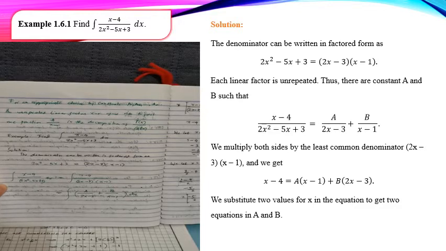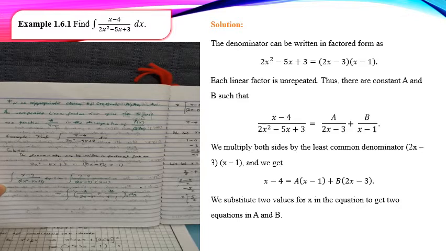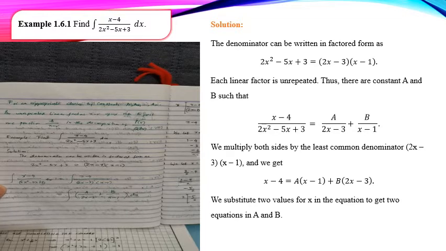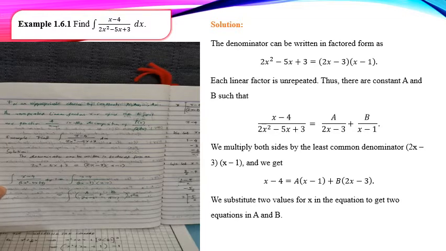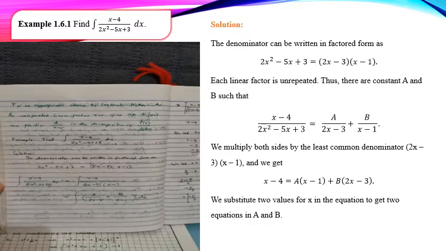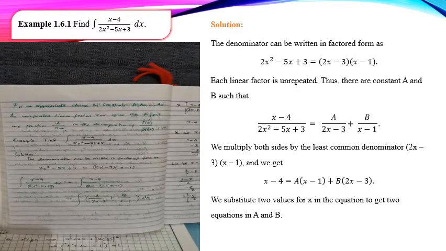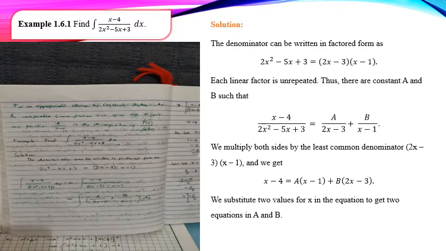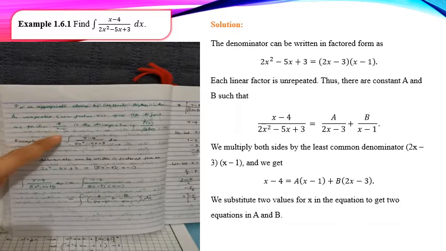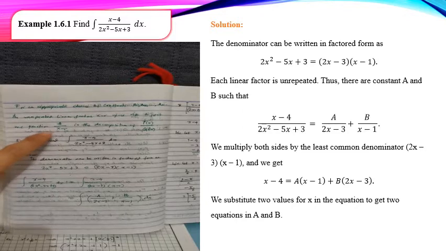For an appropriate choice of constants, a sub 1 to a sub n, unrepeated linear factors x minus r give rise to just one fraction. So if hindi naman repeated yung linear factors natin, ibig sabihin isang beses lang siya nag-exist, ang pag-decompose natin is a over x minus r lang in the decomposition of p of x over q of x.